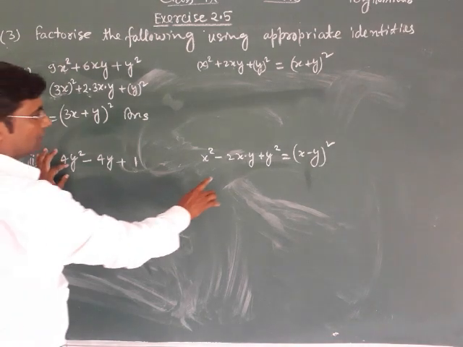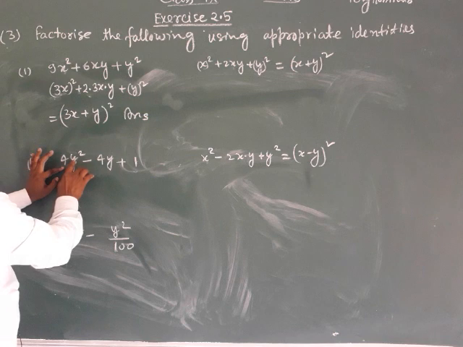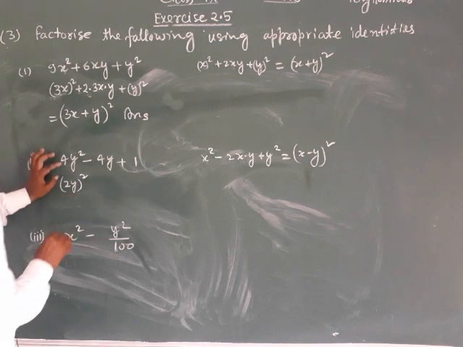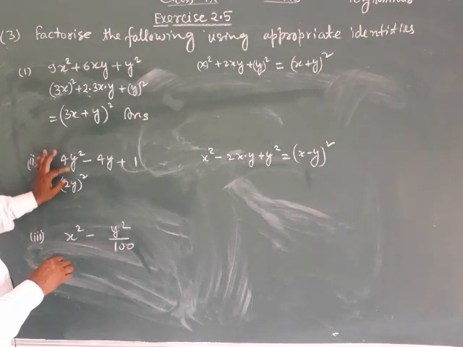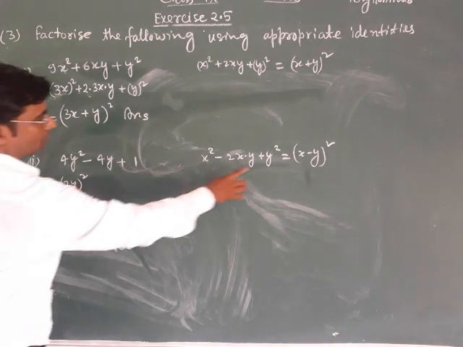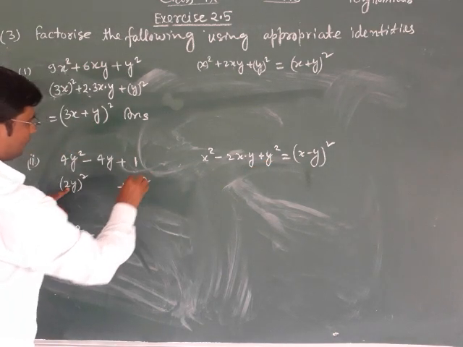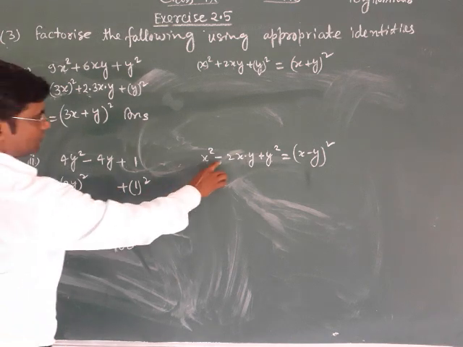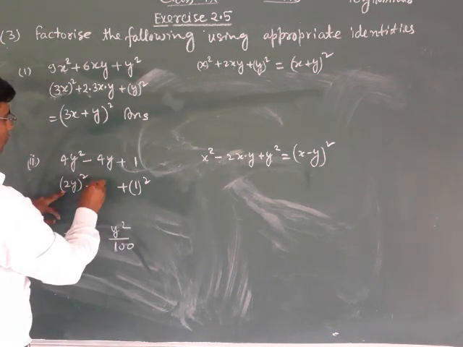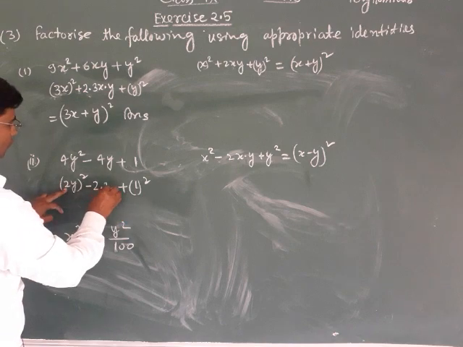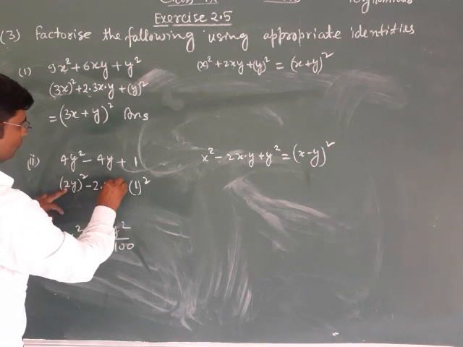So make squares. So 4y square makes 2y square, and also y square plus 1 square, and this is minus 2 times their product, 2y into 1.